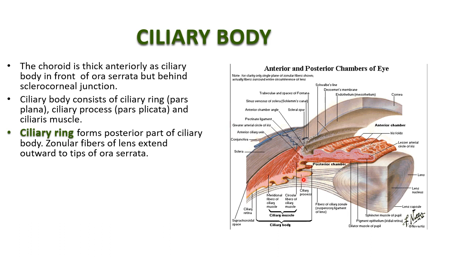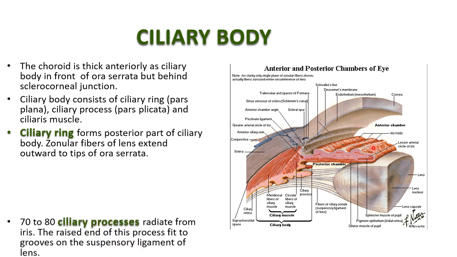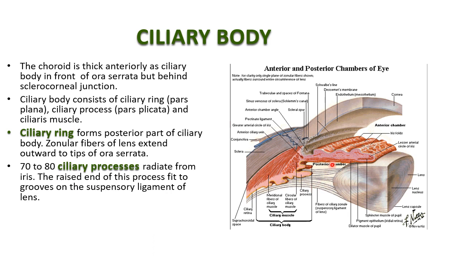The elevations of these processes rest in the grooves of the suspensory ligament of the lens, and the spaces in between these grooves give attachment to the zonular fibers of the lens. These zonular fibers extend posteriorly and encroach on the pars plana. The inner surface of these ciliary processes extends into the posterior chamber. This is the anterior chamber, whereas this is the posterior chamber.